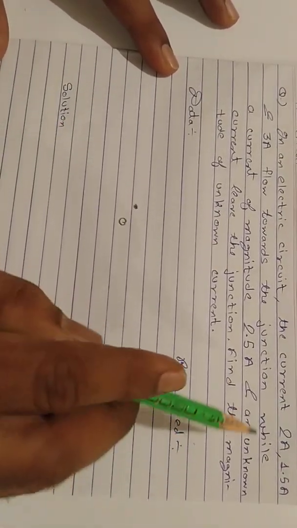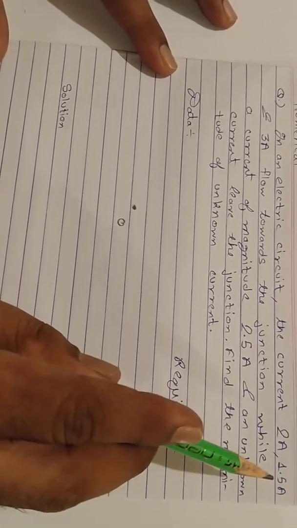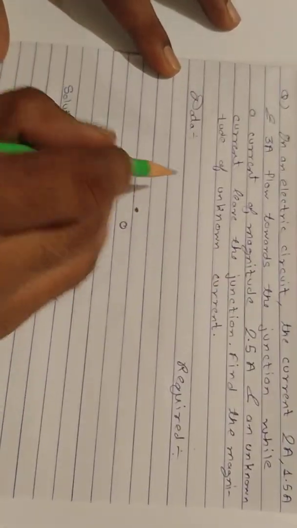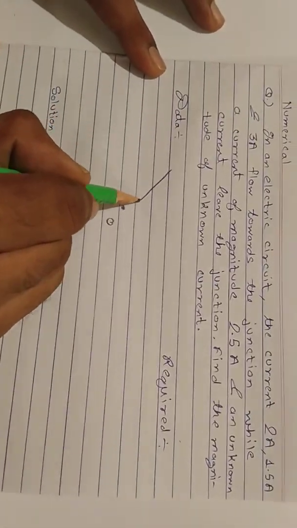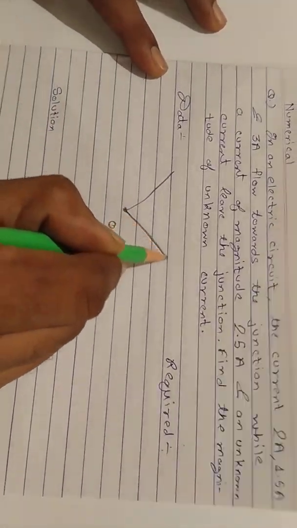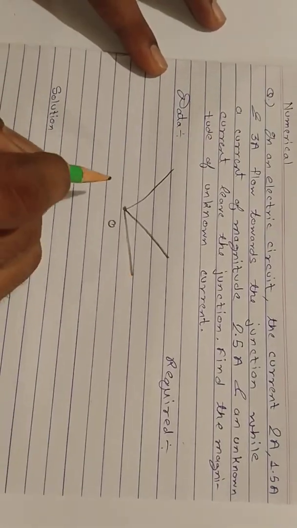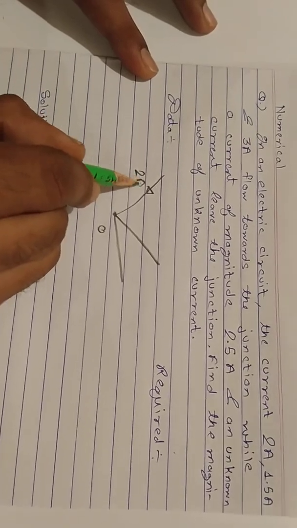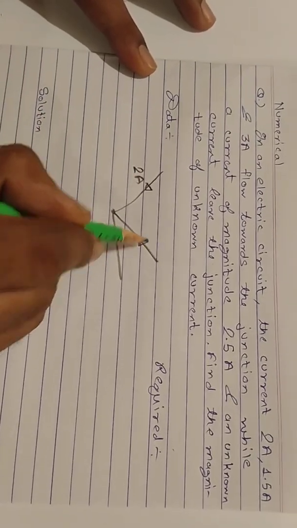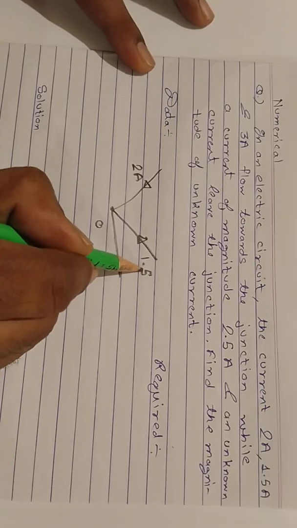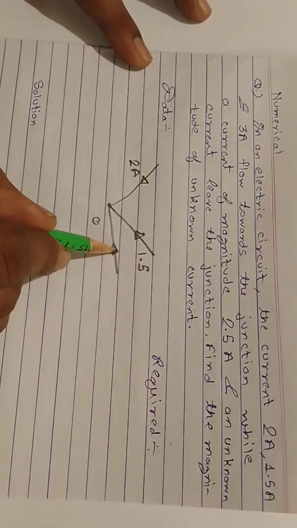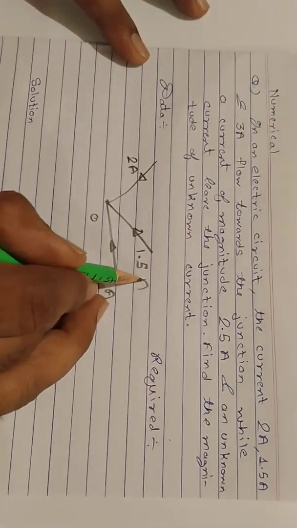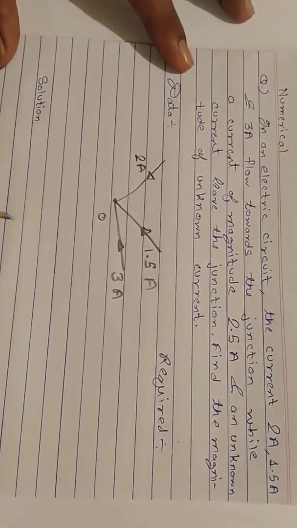From this numerical, 2 ampere, 1.5 ampere and 3 ampere are flowing towards the junction. So we will draw 3 wires in which current of 2 ampere, current of 1.5 ampere, current of 3 ampere, 3 currents are flowing towards the junction.